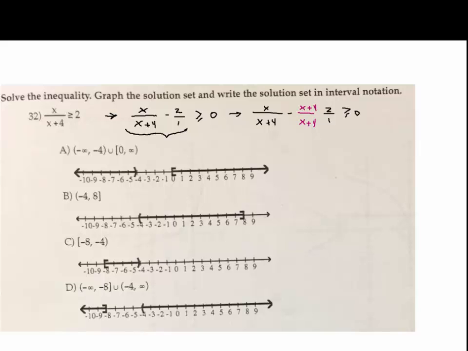So you can combine them, right? I would get x plus 4 at the bottom of the fraction. At the top of the fraction, I get x minus, and I have to distribute this here, minus 2 times x plus 4. So I get x minus 2x, and then minus 8.